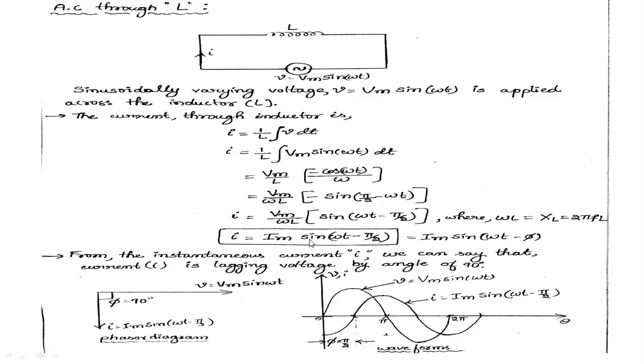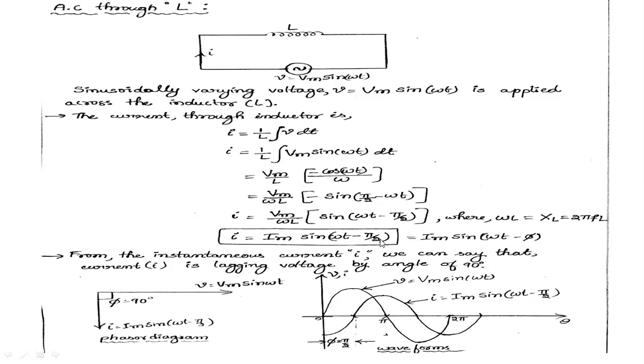Again, I equals Vm by omega L, which is Im, so I equals Im sin of omega t minus pi by 2.